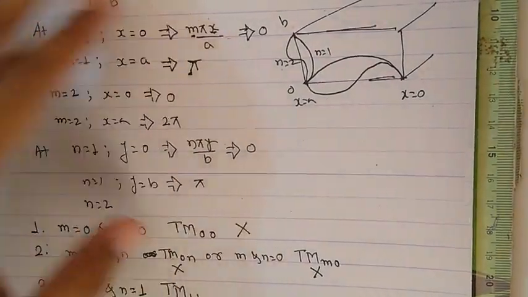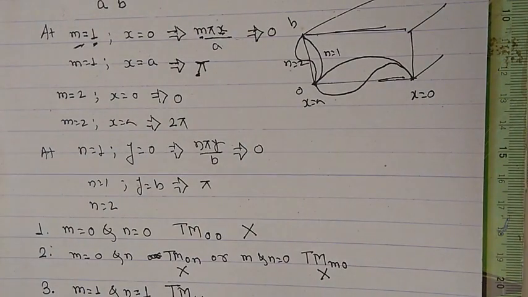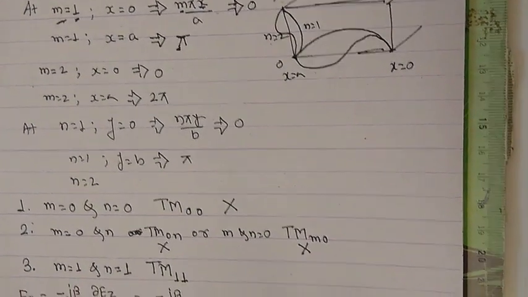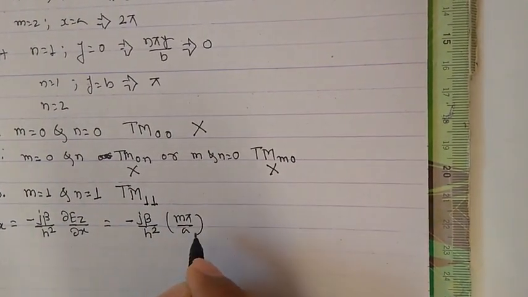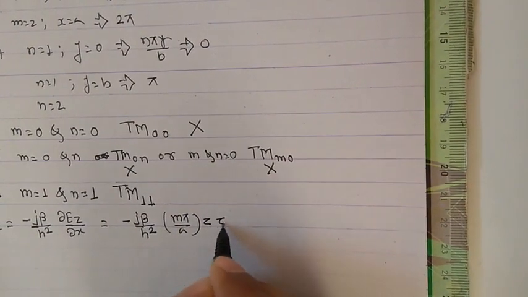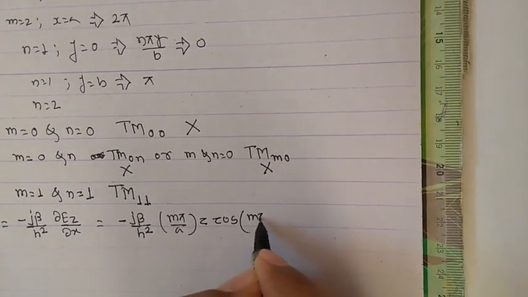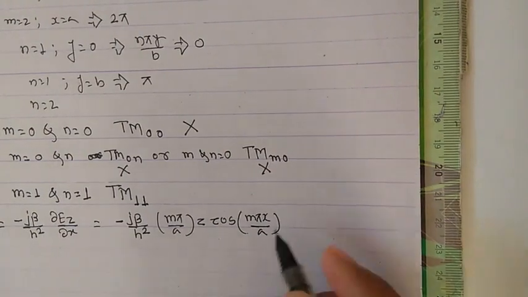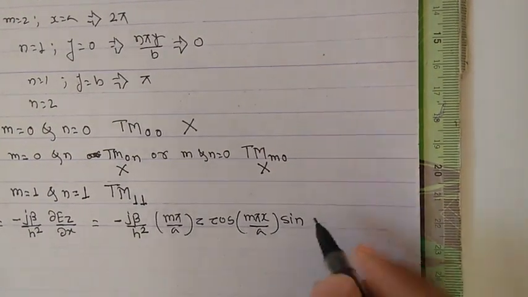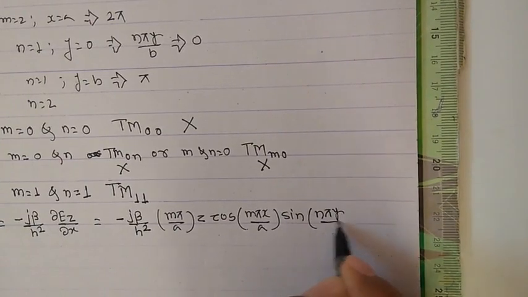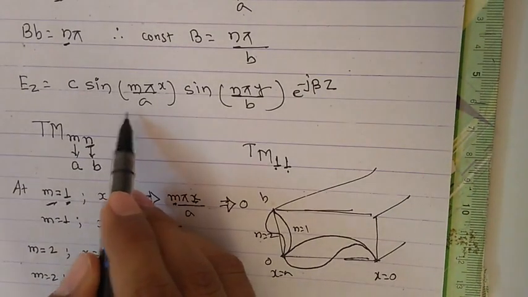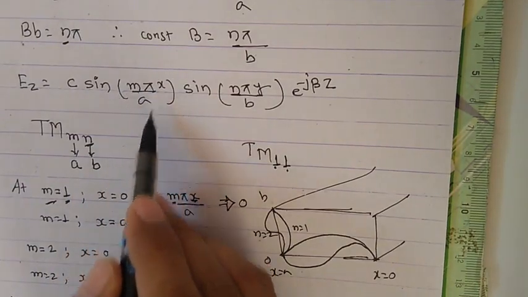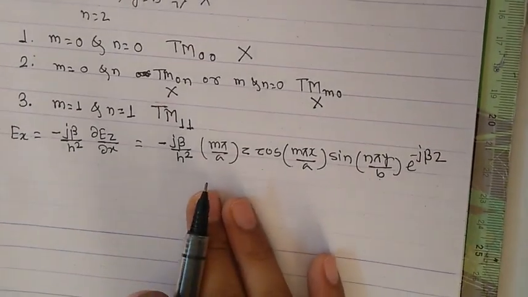So minus j beta upon h square, it will be m pi by a, constant C, sine differentiation becomes cos m pi x by a, sine n pi y by b, e raised to minus j beta z. So m pi by a constant C, sine will become cos of m pi x by a. So this is what we have written for Ex.